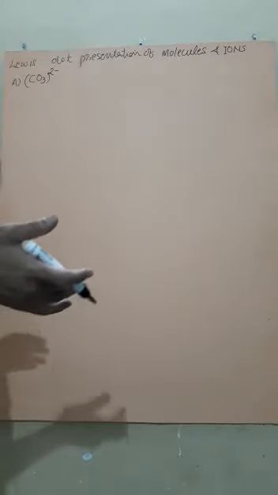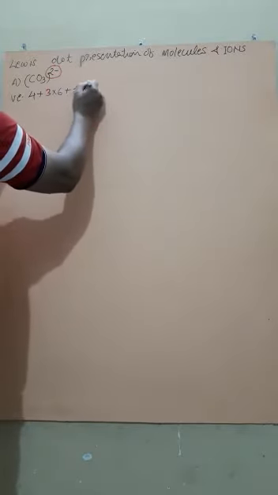So as per the rules we have discussed in the earlier video, directly I am writing: carbon's number of valence electrons is 4, plus total number of oxygen is how many? 3 atoms, and each one has valence electrons 6, plus there is the sign of 2 anion.